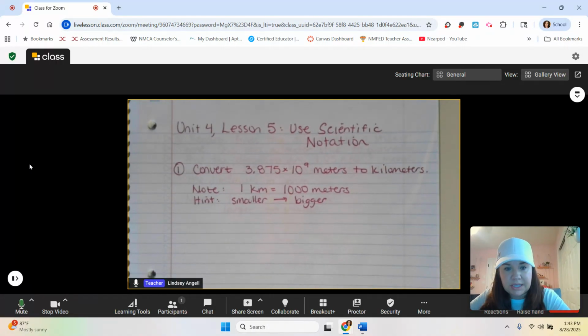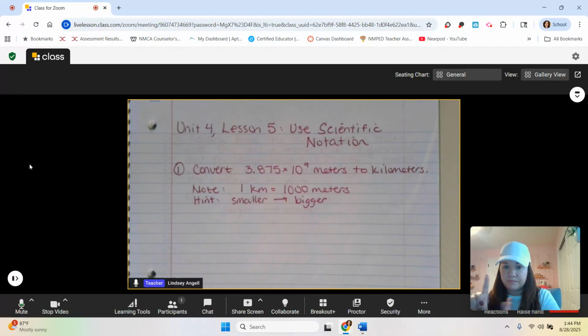So number 1, it says convert 3.875 times 10 to the ninth meters to kilometers. And then they gave you a note saying 1 kilometer equals 1,000 meters. So in every kilometer there are 1,000 meters. It's like breaking it up into 1,000 little pieces.